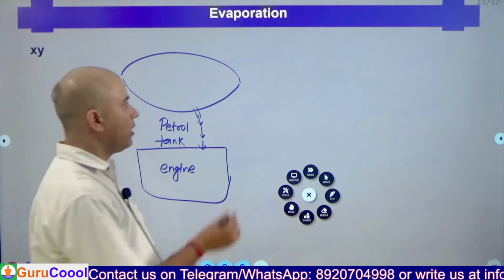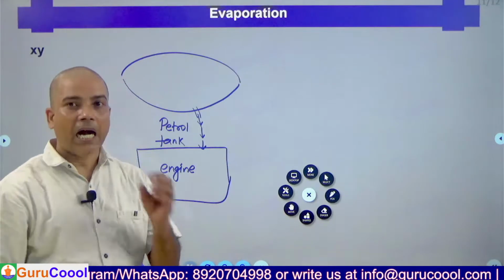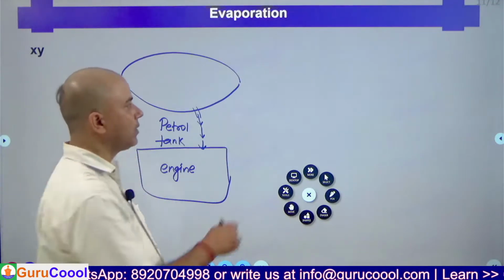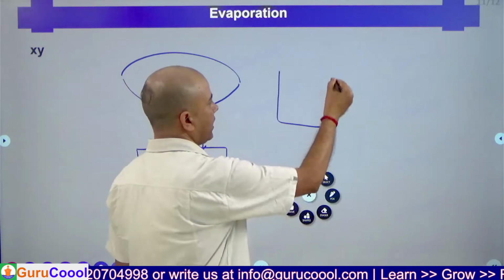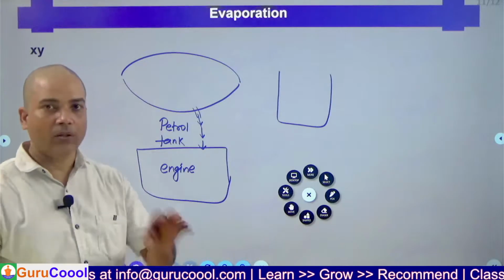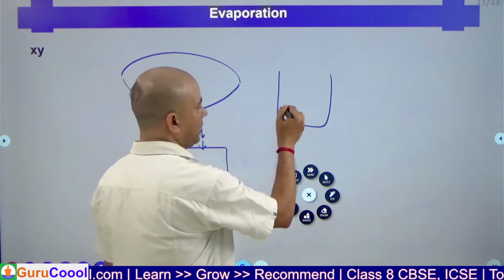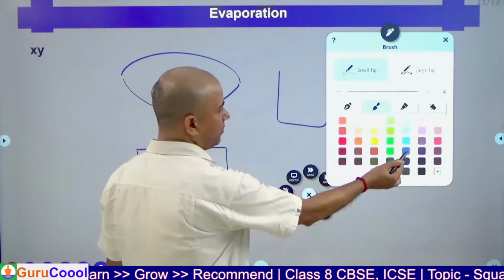but when water mixes with petrol, water has higher density than petrol. Suppose there is a container. You have petrol and water mixed together in this container. What will happen?